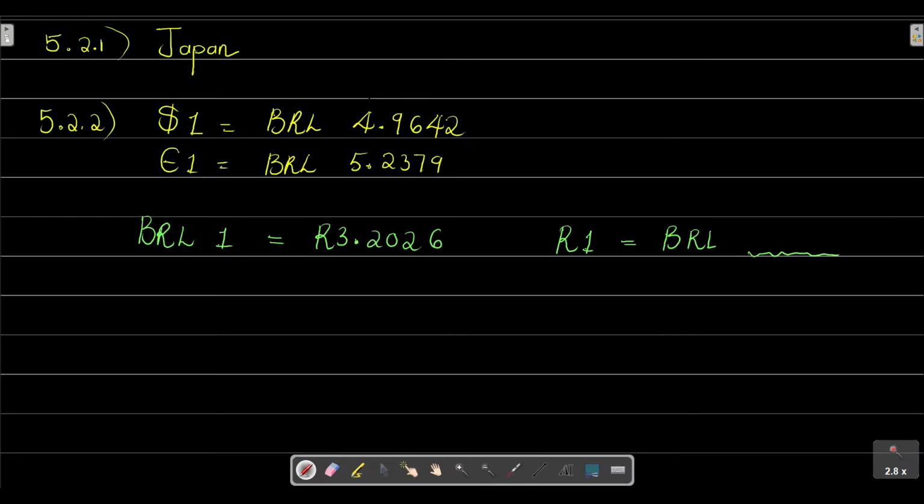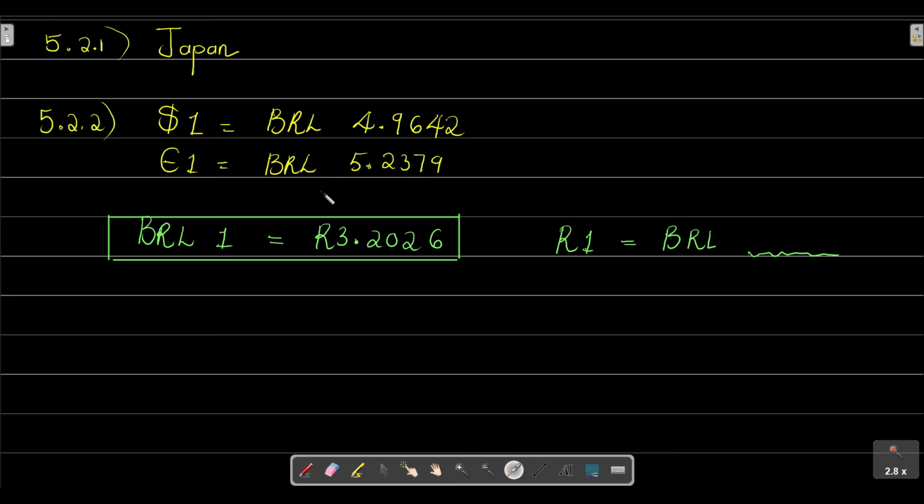So how can we change this equation from 1 Brazilian real is equal to 3.2026 rands to 1 rand is equal to something Brazilian reals? How can we convert this equation into this form?